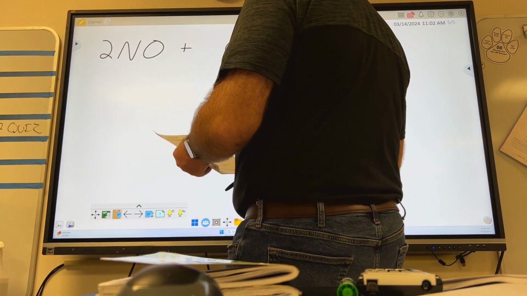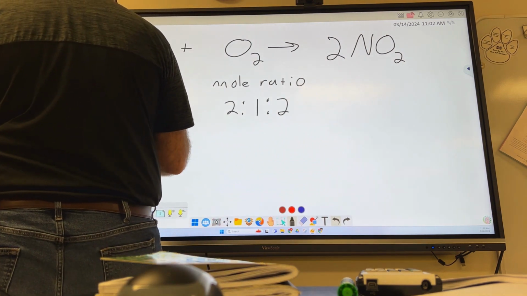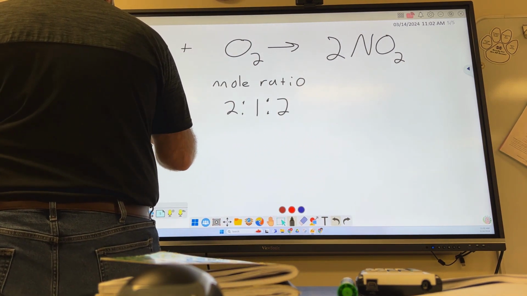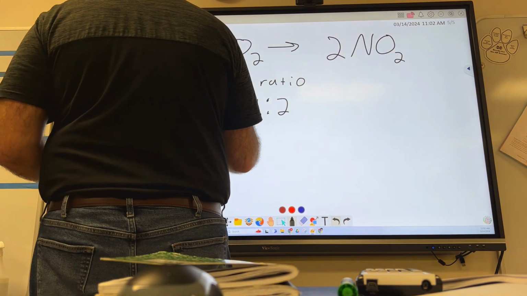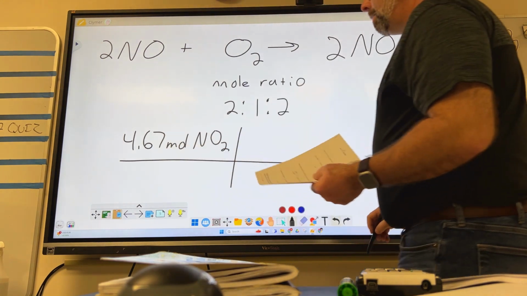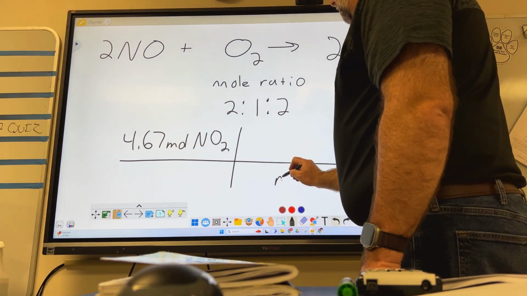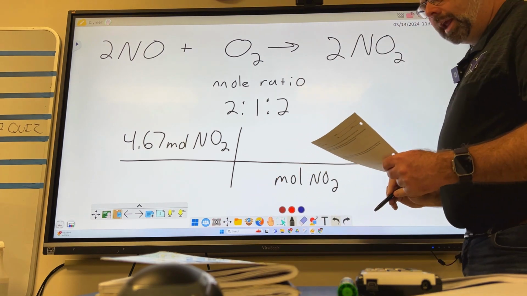So letter C, how many moles of NO must react to form 4.67 moles of NO2? 4.67 moles NO2. What can I copy without even thinking about it? And where are we trying to get to here?